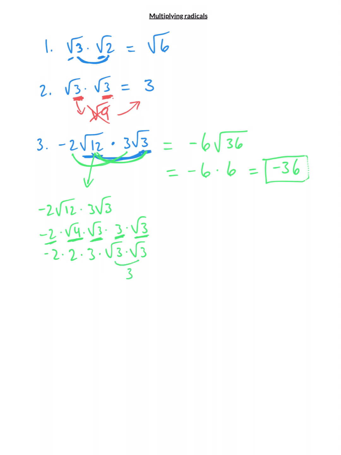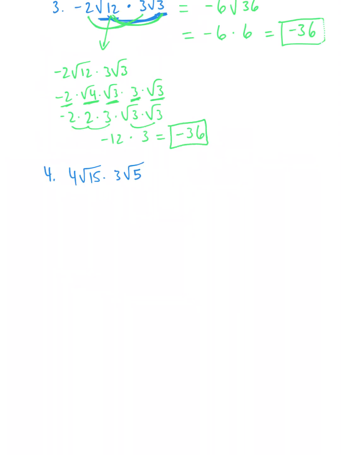So we'll multiply negative 2 times 2 is negative 4, times 3 is negative 12, times 3 is negative 36. So you can see that either way we get the exact same answer.